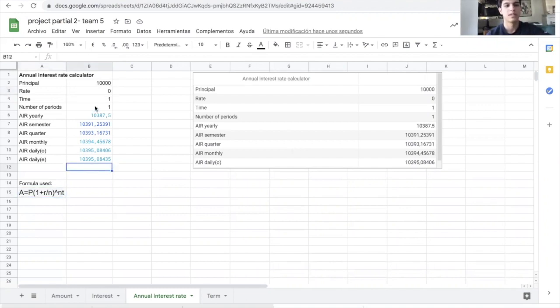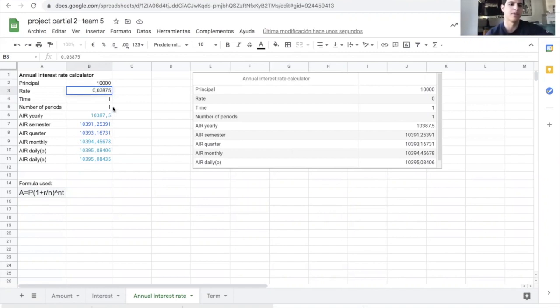So these numbers that we use as an example, you can change them. I will of course show that if we change the number, the other values will also change according to the formulas.